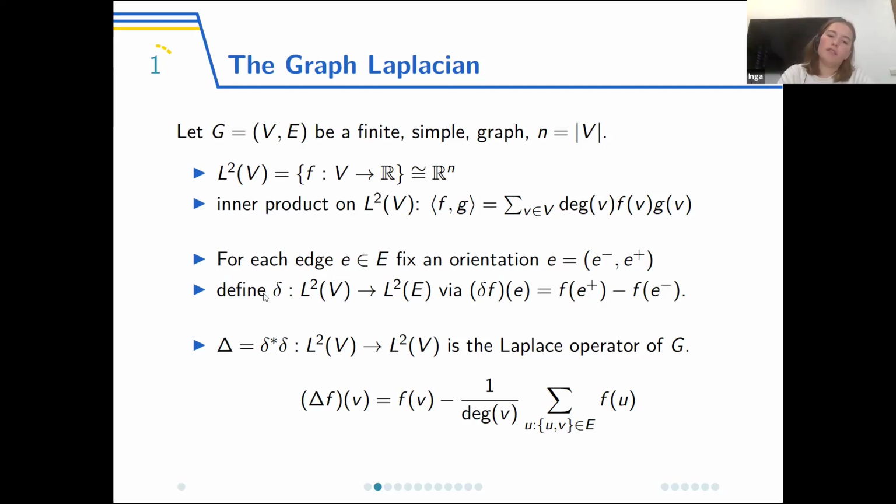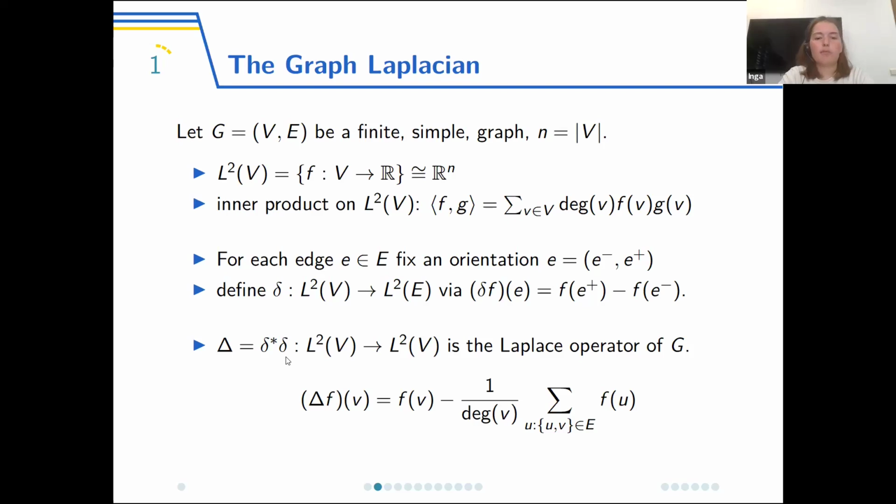Now we can define an operator delta that maps functions on the vertices to functions on the edges. If I evaluate delta f at an edge E, I take the value of f at the terminal vertex minus the value of f at the initial vertex. Since we defined an inner product, we can look at the dual of that operator with respect to this inner product.